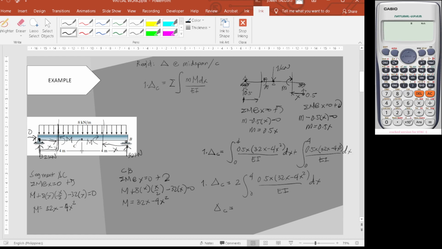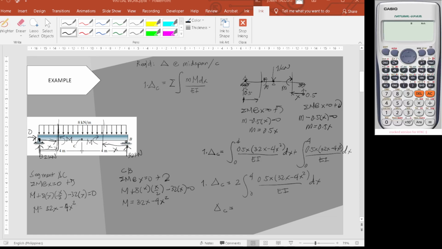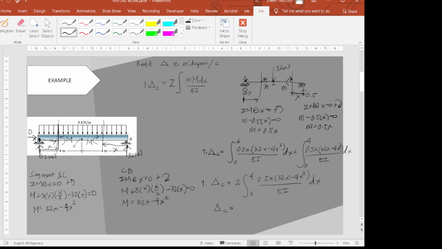Using this calculator, let's select that one.